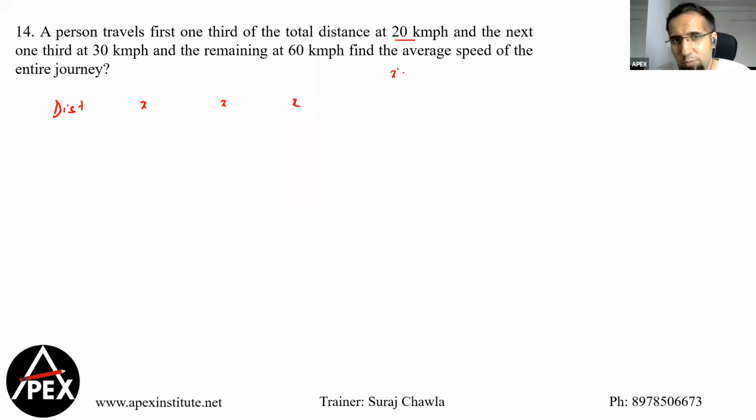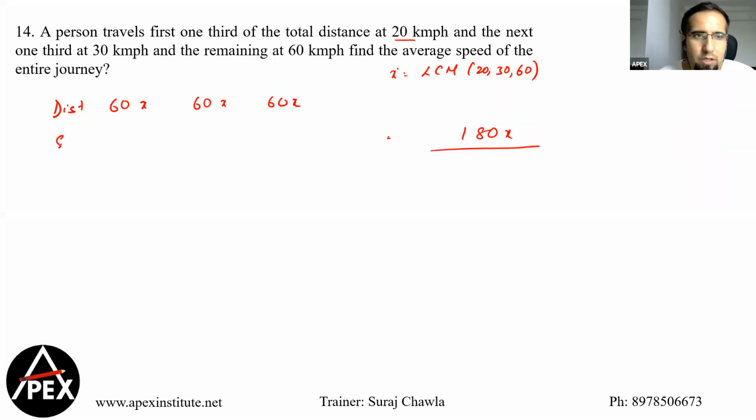So I repeat, assume x to be an LCM of 20, 30, and 60. So I would assume each part of the distance to be 60x kilometers. The total distance covered is 180x. Now for 60x kilometers at a speed of 30 kilometers an hour, time taken will be 2x.